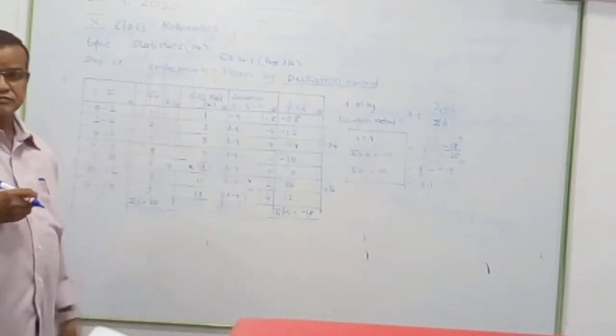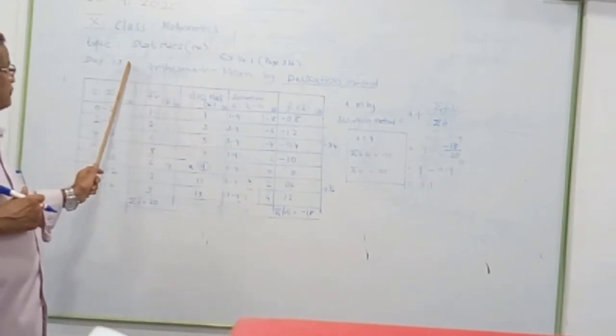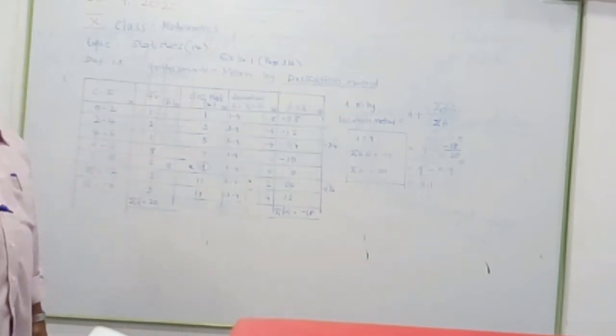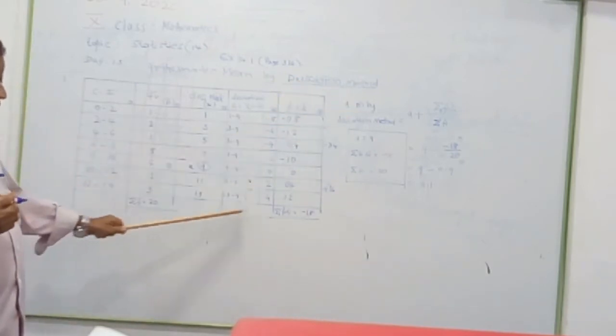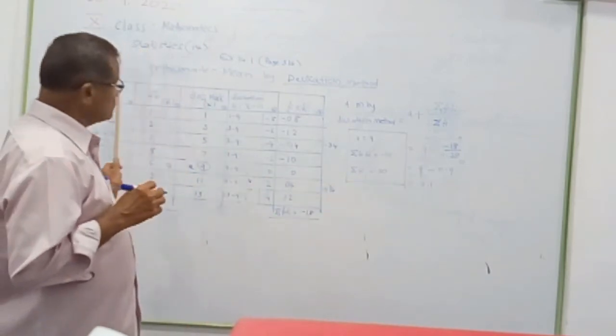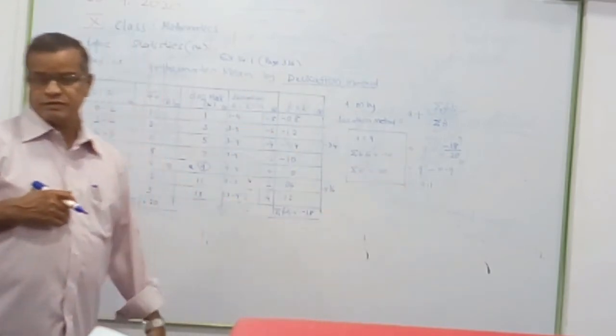So this is the method of finding arithmetic mean by deviation method. Since we get same answer, direct method also 8.1, deviation method also 8.1. Like this, note down. Next, step deviation method.